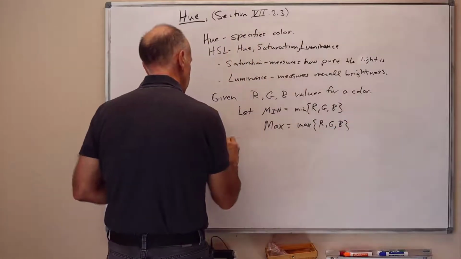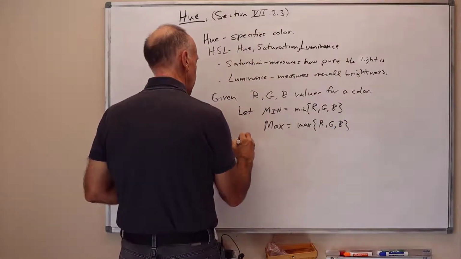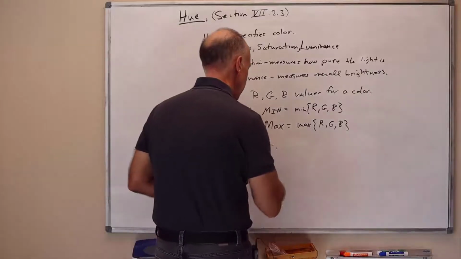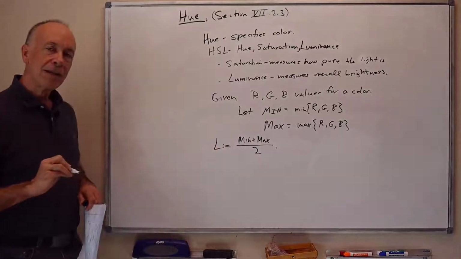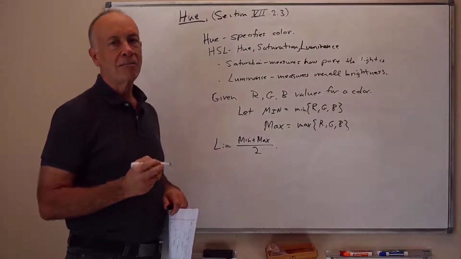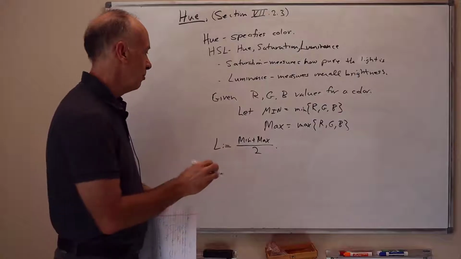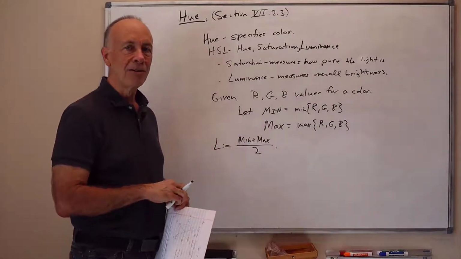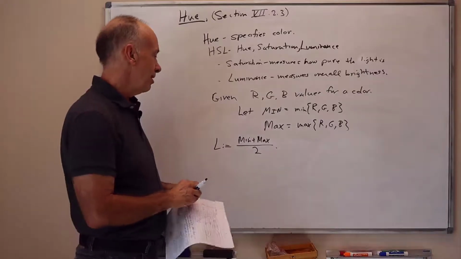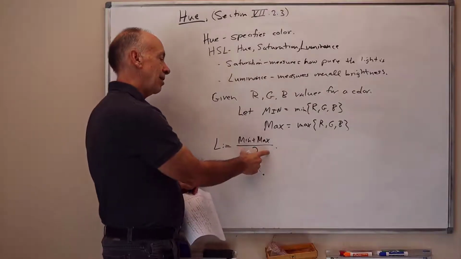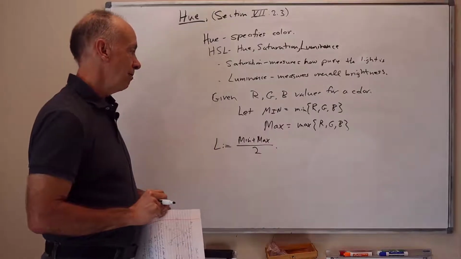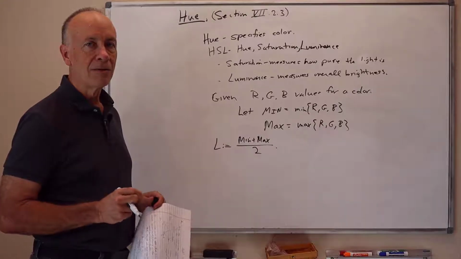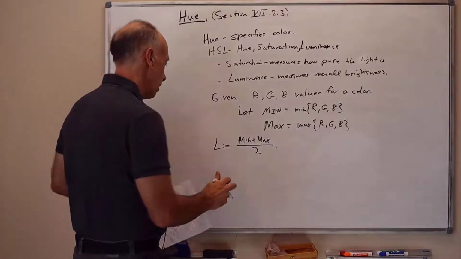And then luminance can just be defined to be the minimum value plus the maximum value over 2. And this is meant to measure the overall brightness of the light. Now, it's by no means a perfect measurement because it ignores the middle color. And so it doesn't really measure the brightness all that accurately. But it does give a measurement, and it does keep the value in the range 0 to 1 if R, G, and B are all in the range 0 to 1, and L is in the range 0 to 1, with maximum value at 1 and minimum value at 0, of course.